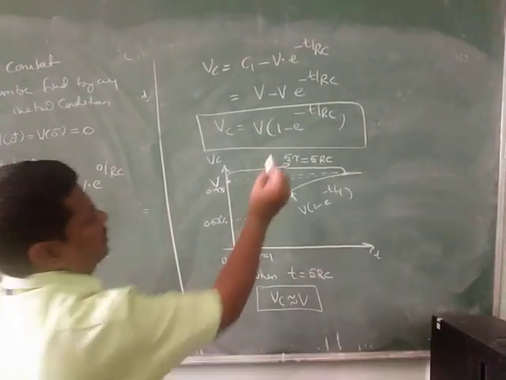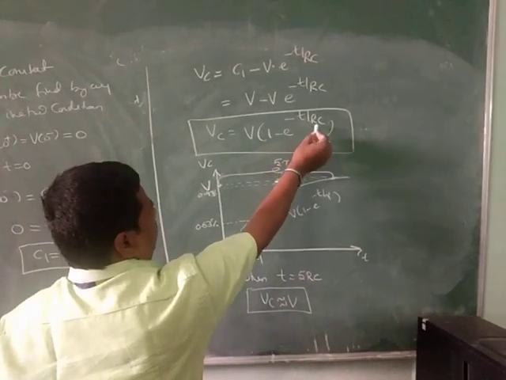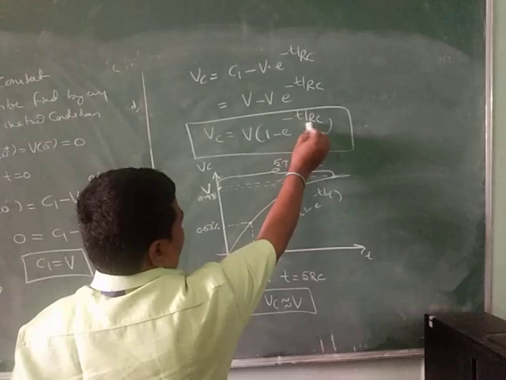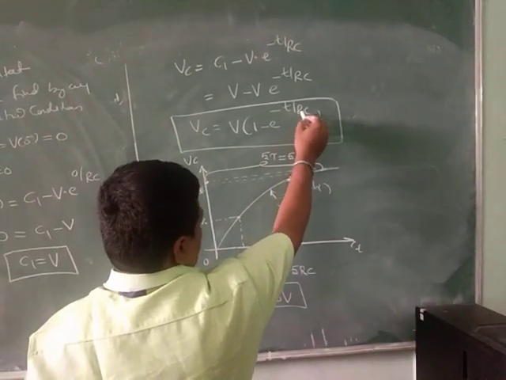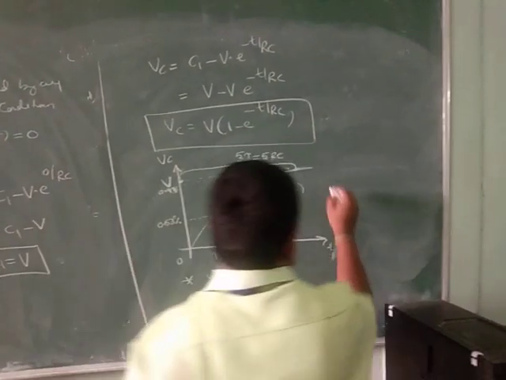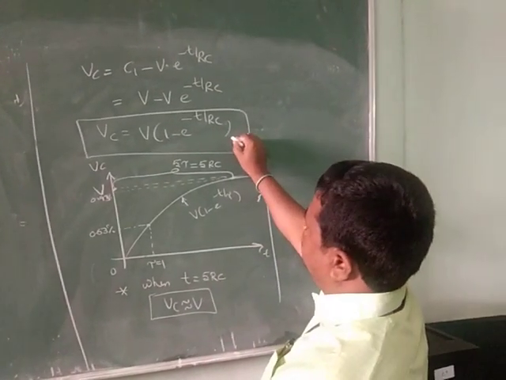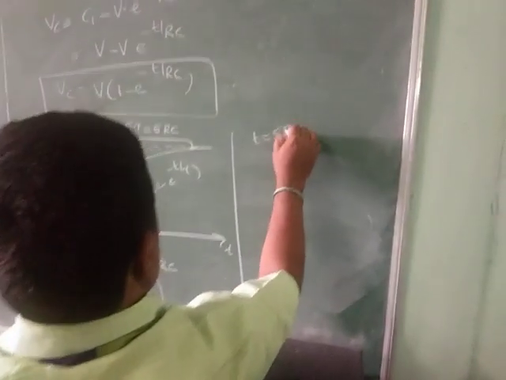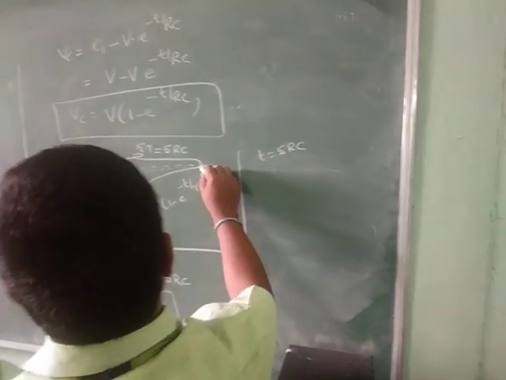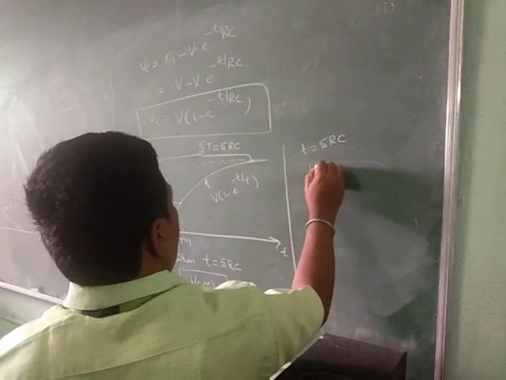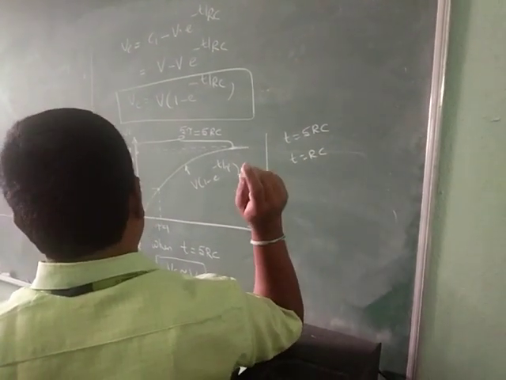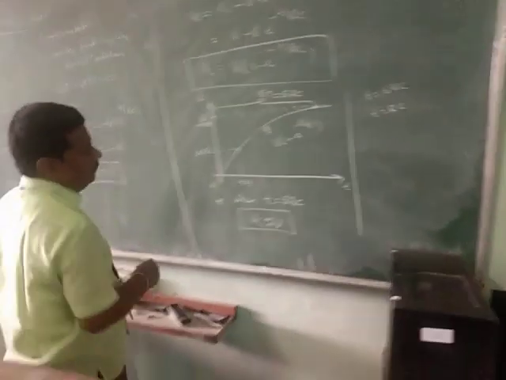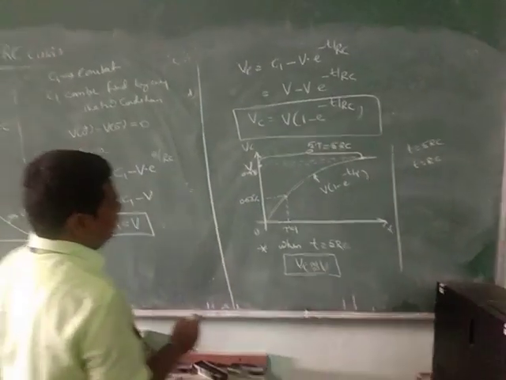Or you can directly substitute t is equal to 5 RC in the Vc expression and simplify, or t is equal to RC, substitute here. With 5 RC you will get the maximum condition, and with t is equal to RC you will get this value. Okay, this is the voltage across capacitor C.